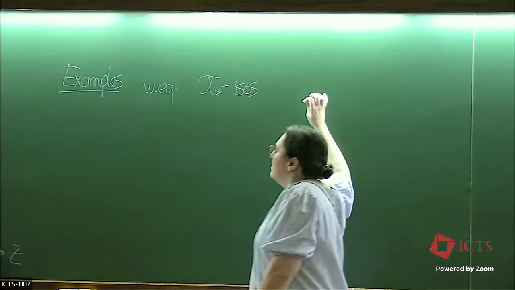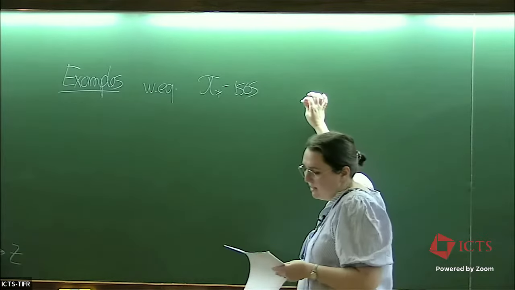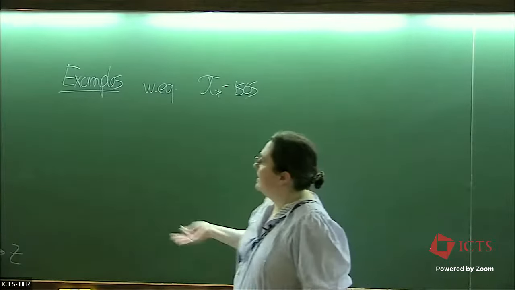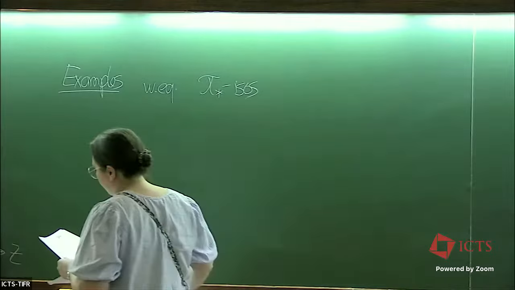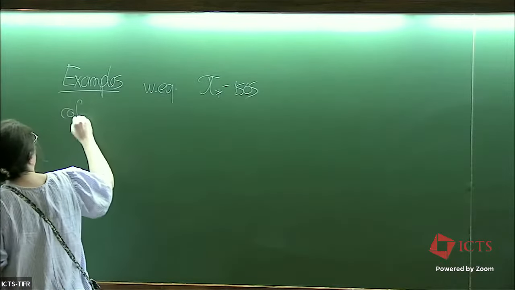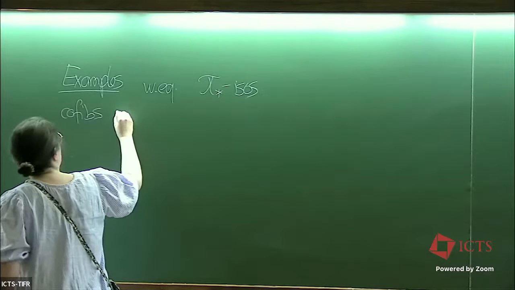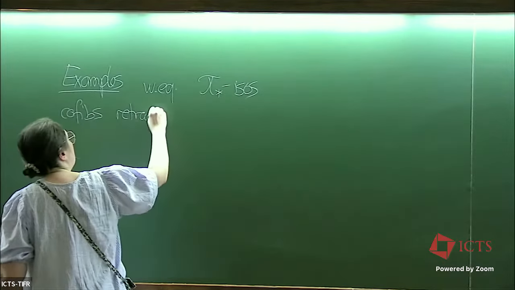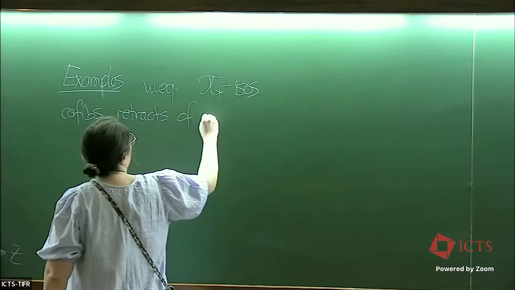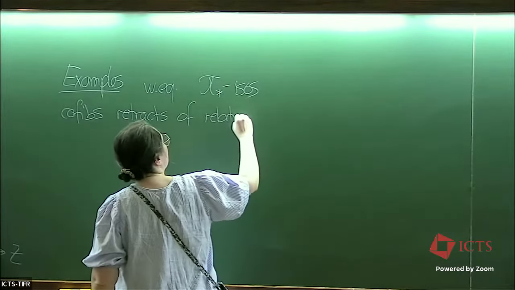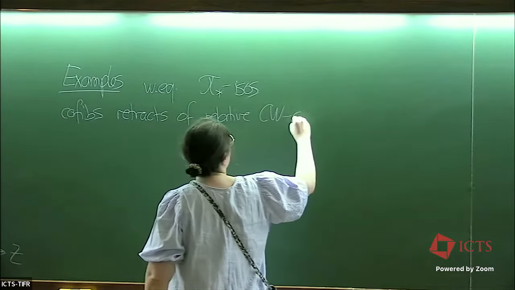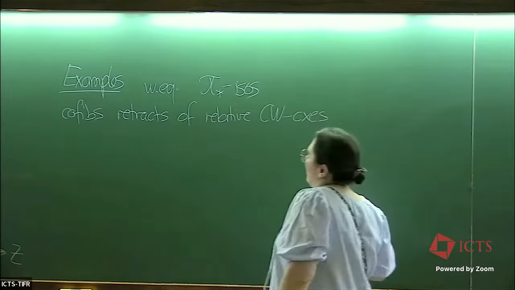You can make a model structure where the weak equivalences are exactly the weak homotopy equivalences. The cofibrations are retracts of relative CW complexes. So what is that?